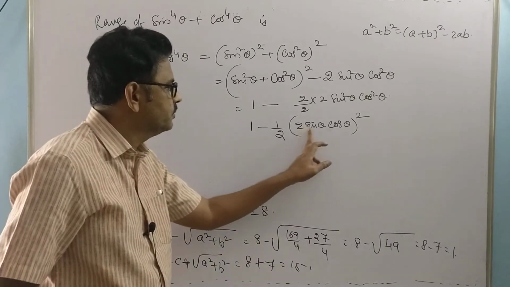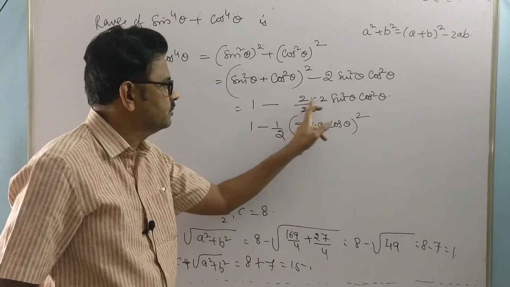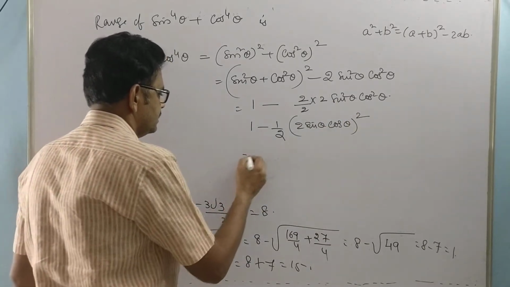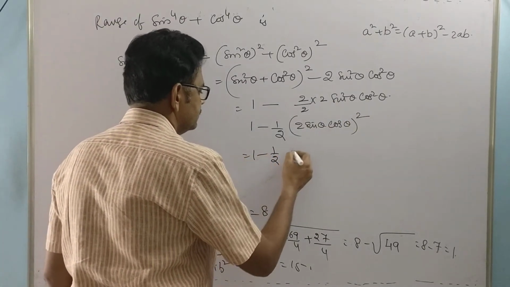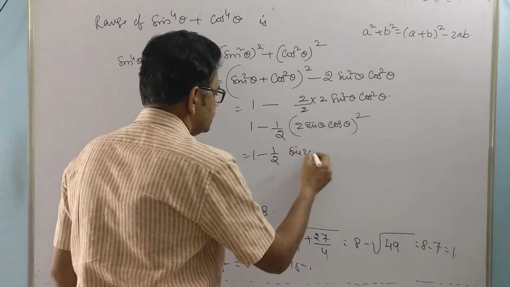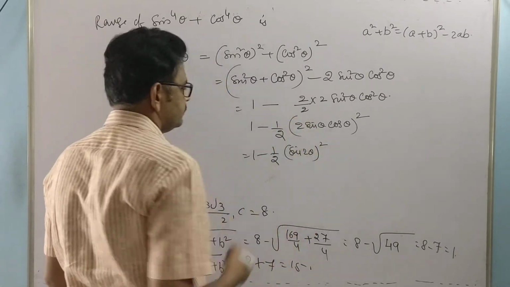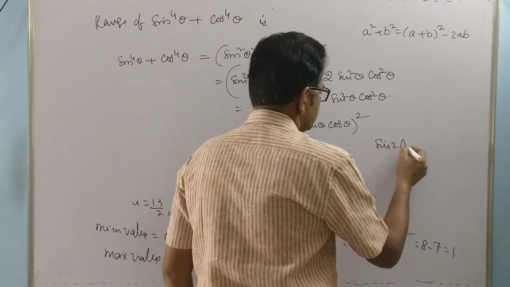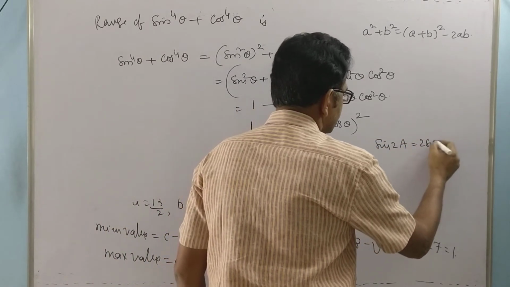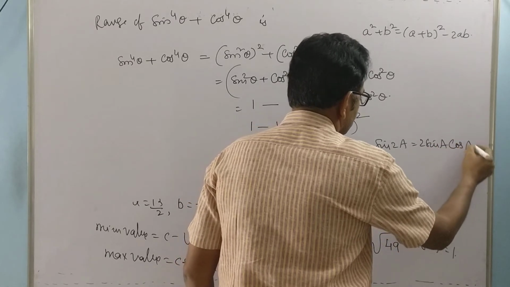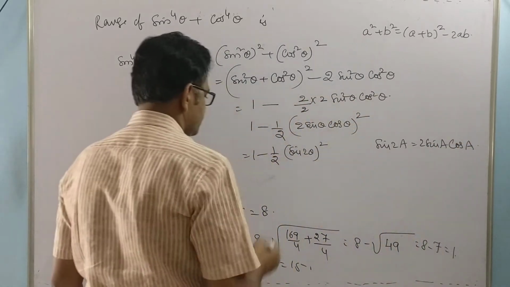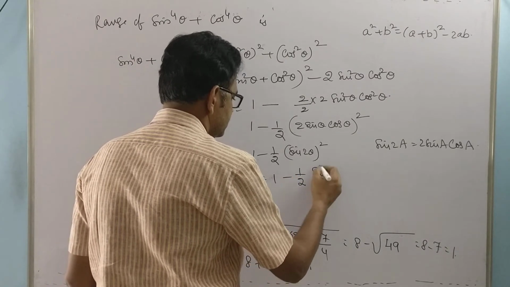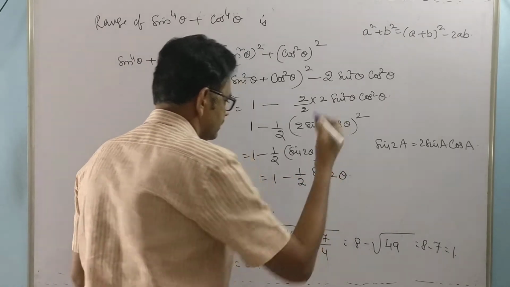This is 4 sine square theta cos square theta in the numerator. So this is the sine 2 theta formula. What is the sine 2a formula? Sine 2a is equal to 2 sine a cos a. So this is 1 minus 1 by 2 into sine square 2 theta.